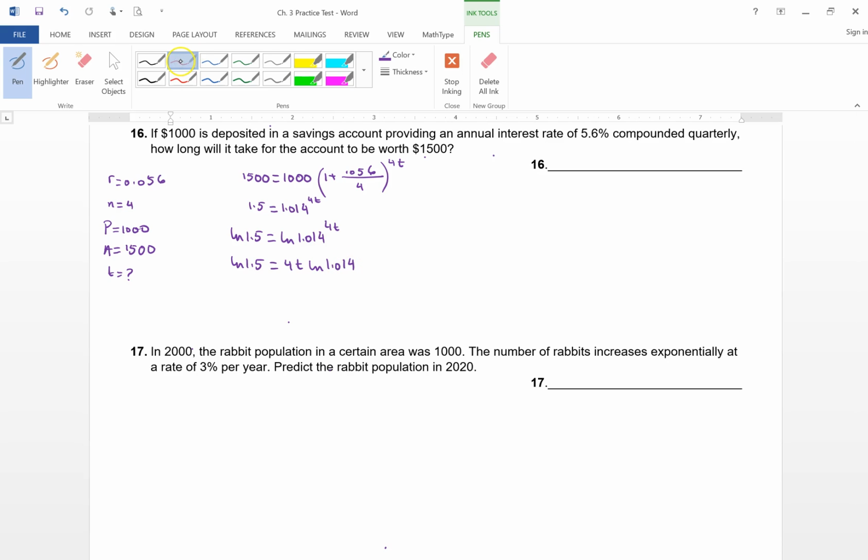So we divide now by 4 ln of 1.014. All right, so t is 7.29 years.